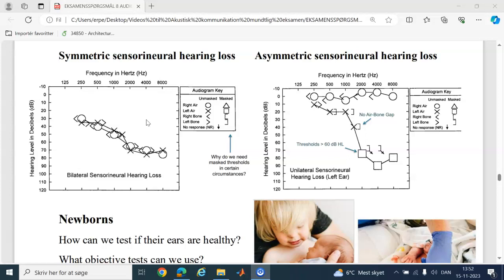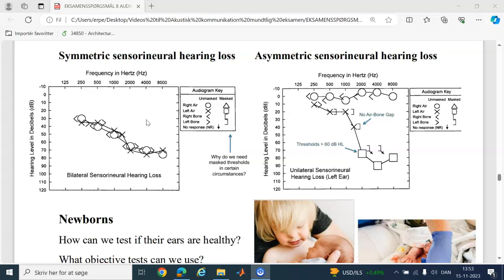We have an example of unilateral sensorineural hearing loss, left ear. We have the left ear unmasked and left bone masked. And then there is no air-bone gap.